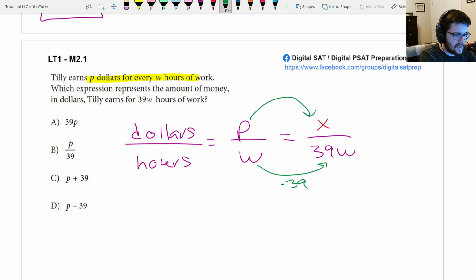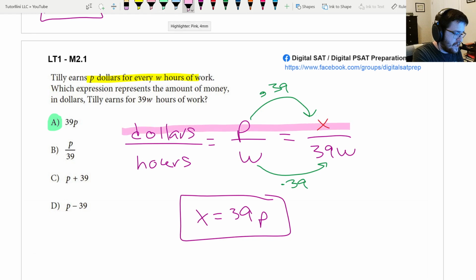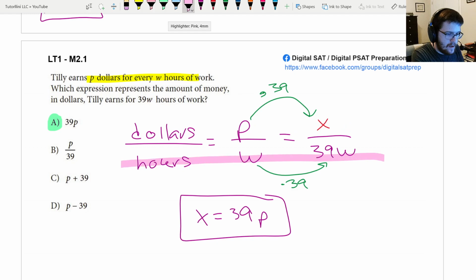So that means this guy is also multiplied by 39. So X is 39P. That is it. So see how on my scratch paper, I'm going to write the thing that goes on the top and the thing that goes on the bottom, and just make sure the whole time I have the thing I'm supposed to have on the top and on the bottom.